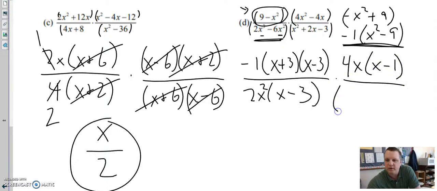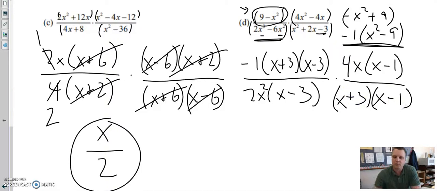And then the last one is a trinomial, x and x. Factors of negative 3 that give me 2 are positive 3, negative 1. What will cancel? X minus 1, x minus 1. X plus 3, x plus 3. And then x minus 3, x minus 3.